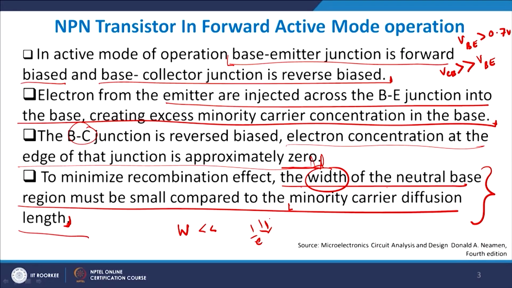So, if your base width is even smaller than that, then by the time the electron starts moving, I would expect that no large recombination has taken place.